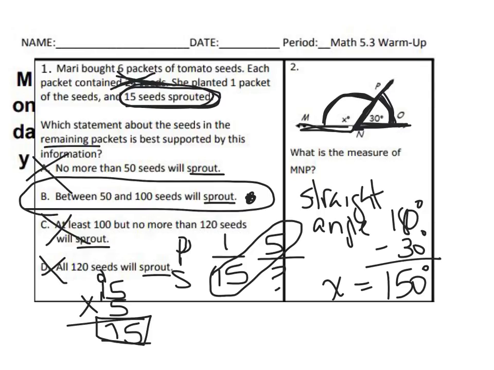Now again, these are called supplementary angles. And supplementary angles are 2 angles that measure 180 degrees. Or 2 angles that, when you add them up, equals 180 degrees.